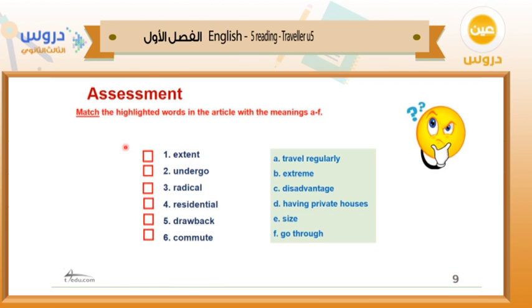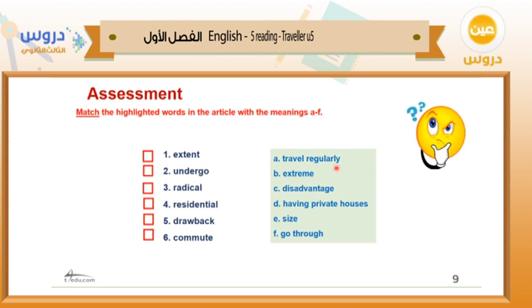Alright, now time for the assessment. Match the highlighted words in the article with the meanings from A to F, as you can see the meanings on the left hand side, and the highlighted words in the text from 1 to 6. Your mission is just to match. Number 1, extend; 2, undergo; 3, radical; 4, residential; 5, drawback; and 6, commute.